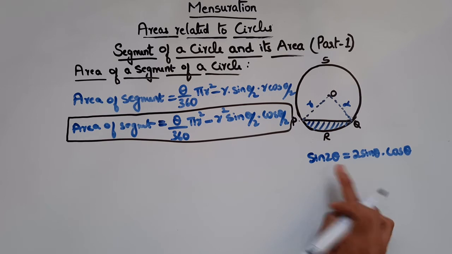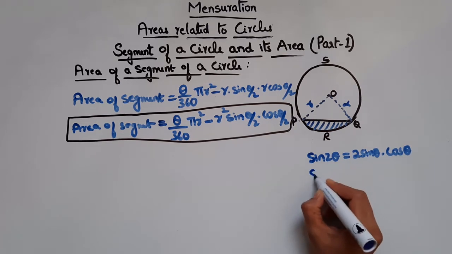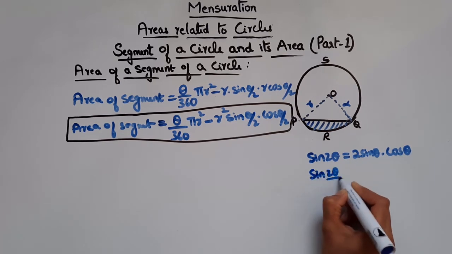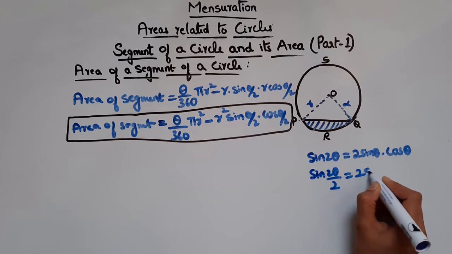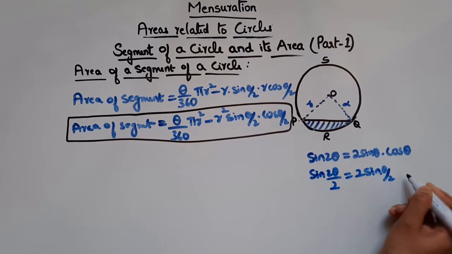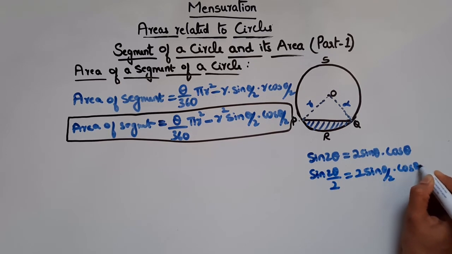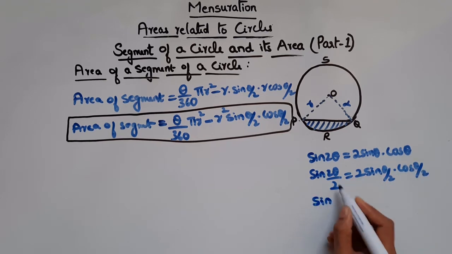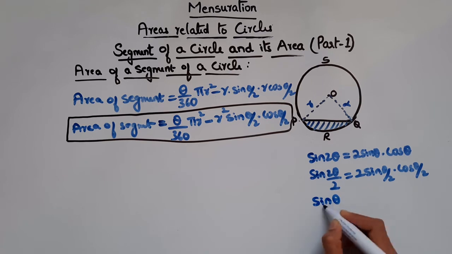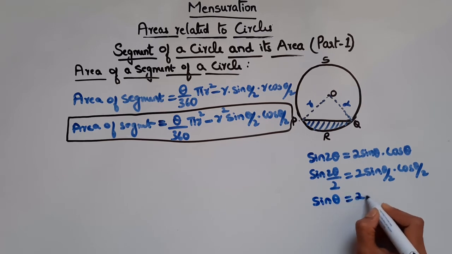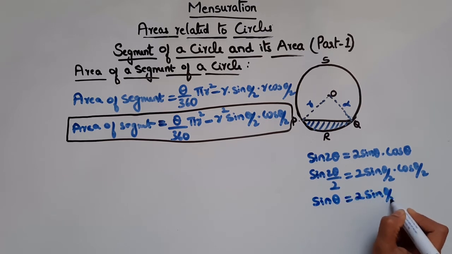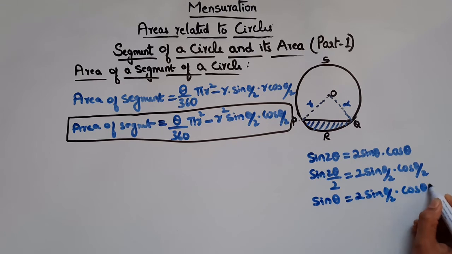We will divide this by 2. So this equation will be sine of 2 theta by 2 is equal to 2 sine theta by 2 into cos theta by 2, which is nothing but sine of, 2 and 2 is gone. We are left with sine theta is equal to 2 sine theta by 2 into cos theta by 2.